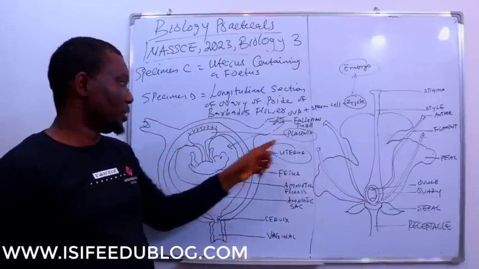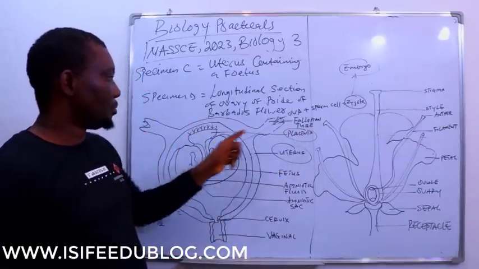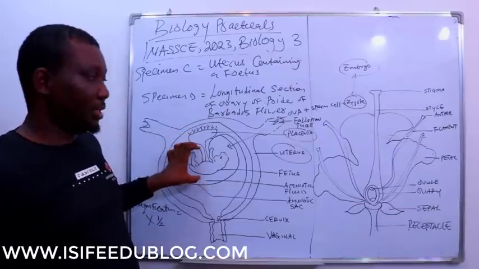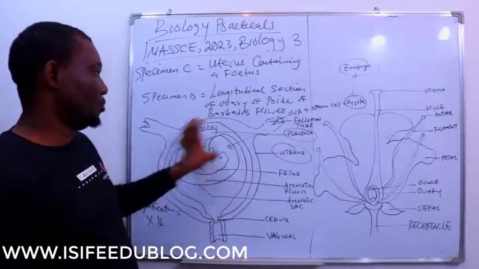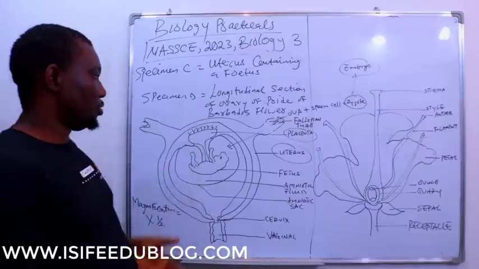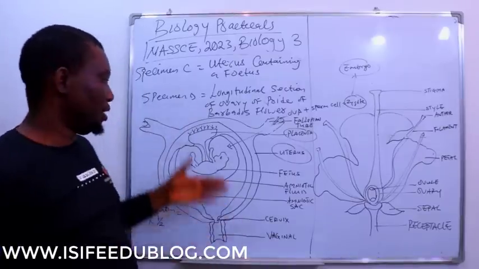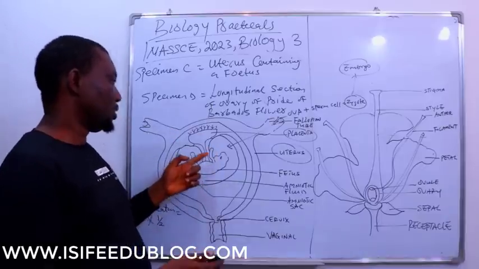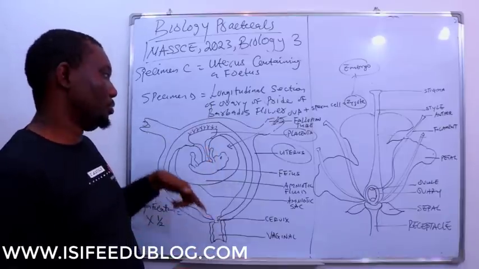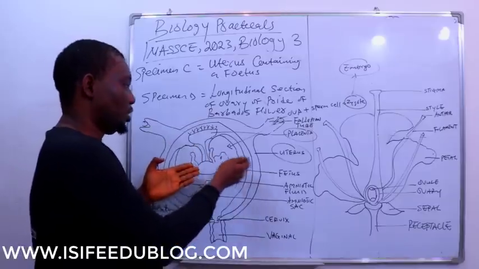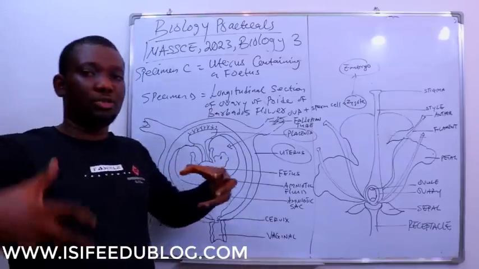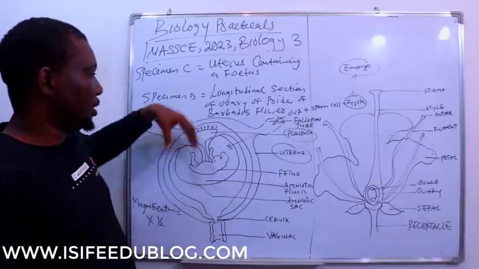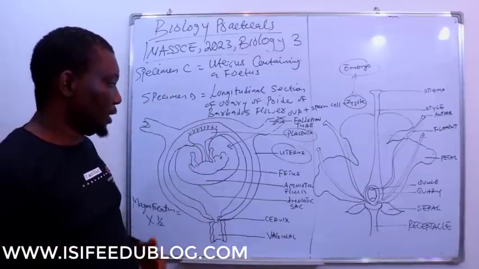So it's a very, very important organ within the womb, which ensures that food and nutrients are exchanged between the fetus or embryo and the mother. At 10 weeks it starts to change into what we have as a fetus, which is a miniature of the mother.